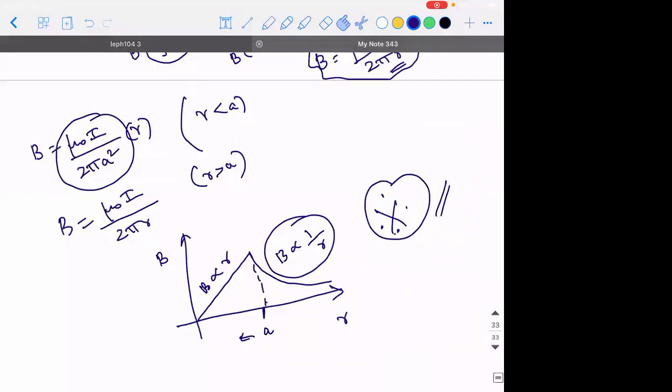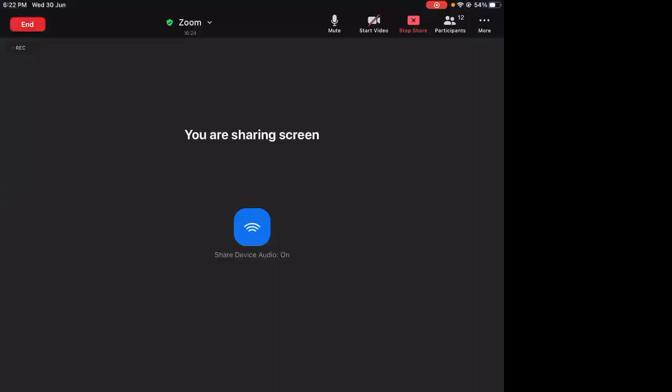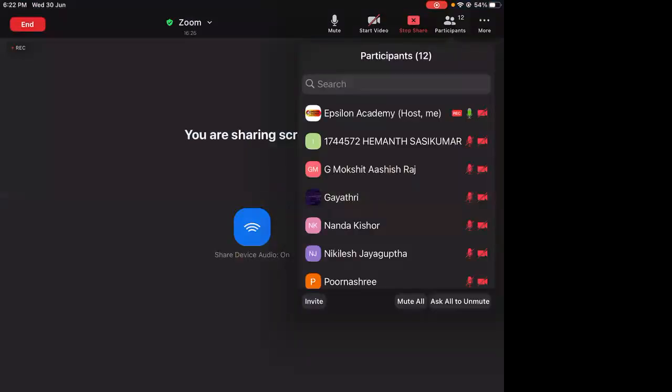Yes. So what I'm trying to say is the value of magnetic field is equal to mu naught I by 2 pi a square in... I can't hear you, sir. Is it the problem for everyone? Are you guys able to hear me or not? Suddenly your audio just shuts off.